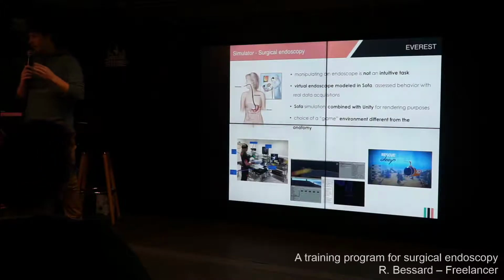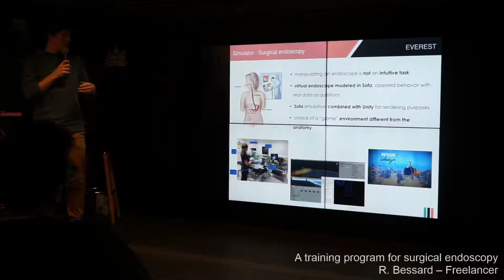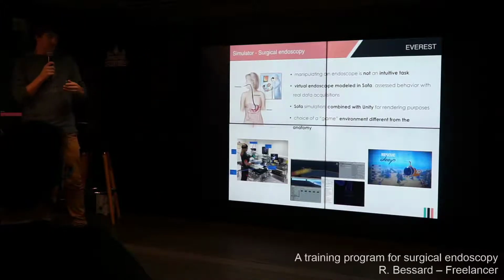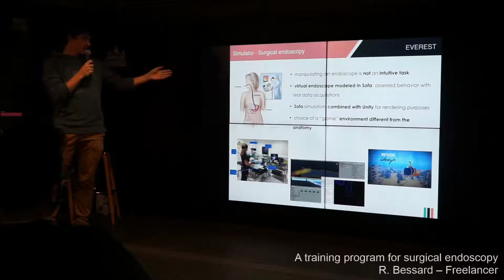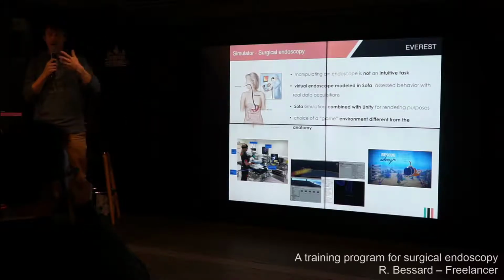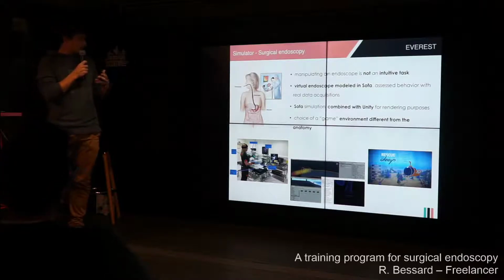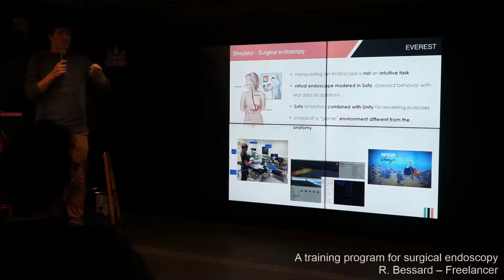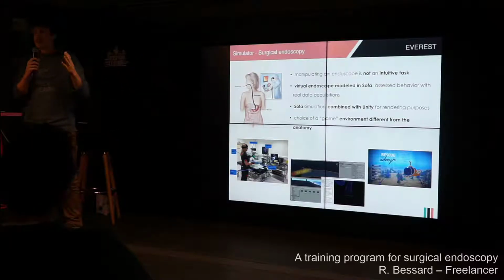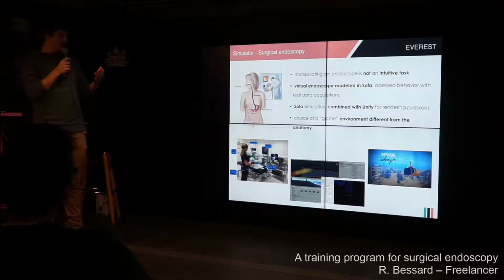Why this kind of simulator? Because manipulating an endoscope is not that easy. As you can see in this image, both of your hands are busy, and you push a kind of tube inside the body, but you don't really know where this tube is.